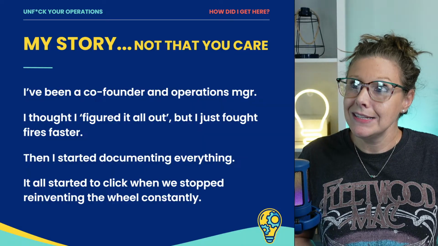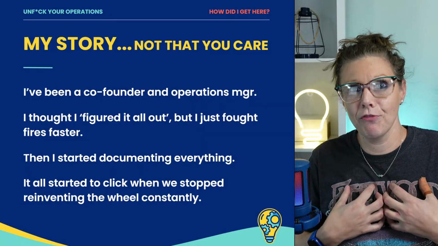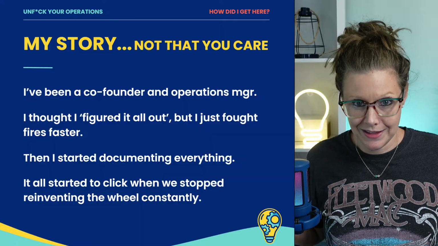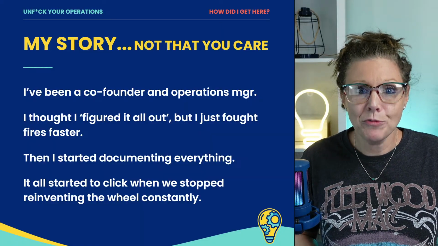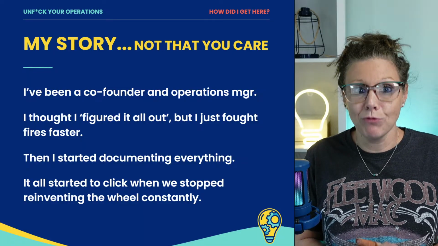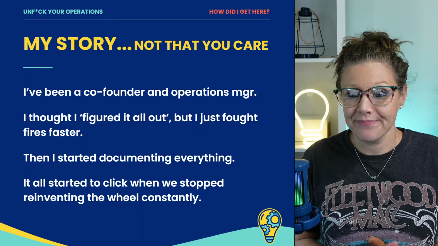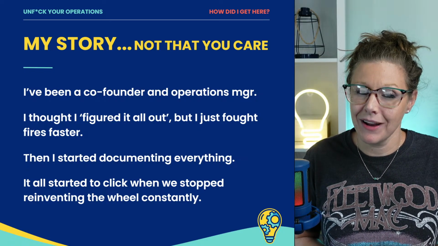So I did what the budding project manager in me did before I had ClickUp or anything like that. I followed people around with a notebook, literally a 3-ring binder, and I wrote down what people did, right? And we prayed that we would remember how to do it next time.